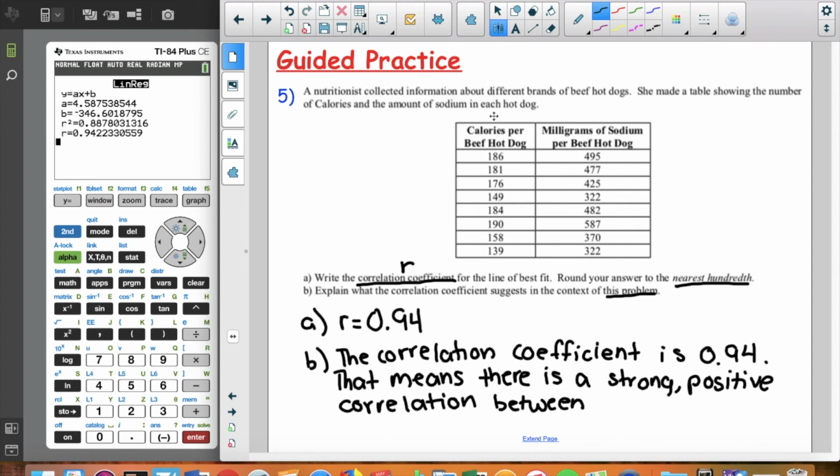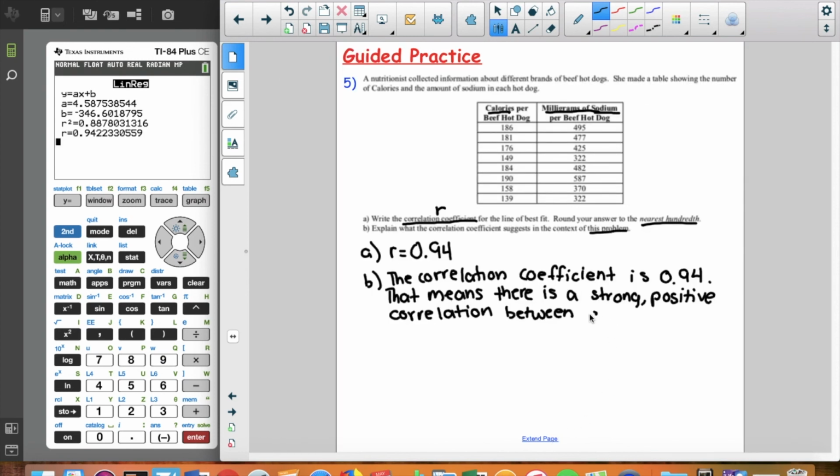Our first is calories, and our second is milligrams of sodium. So there's a strong positive correlation between calories of a hot dog, now I'm getting hungry, and milligrams of sodium.